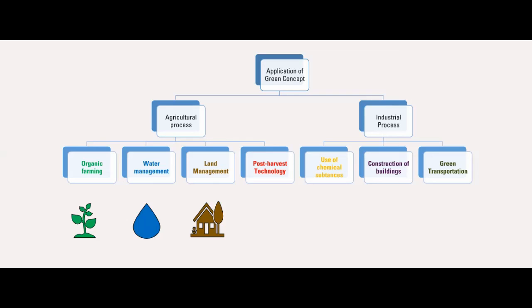It is also applied in post-harvest technology to minimize the damage done to the harvest. In the industrial process, green concept can be applied in the use of chemical substances. It is also used in the construction of buildings and also in transportation, thereby calling it green transportation.